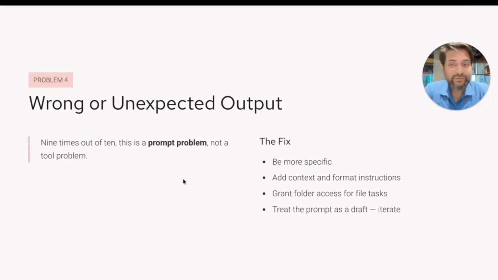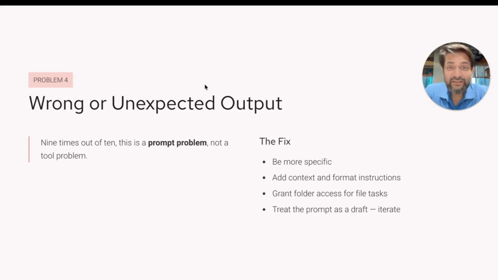The 4th problem, task produces wrong or unexpected output. So your task ran, but the result isn't what you wanted. Maybe the summary is too short, or it pulled the wrong data, or it missed the point entirely. 9 times out of 10, this is a prompt problem and not a tool problem.